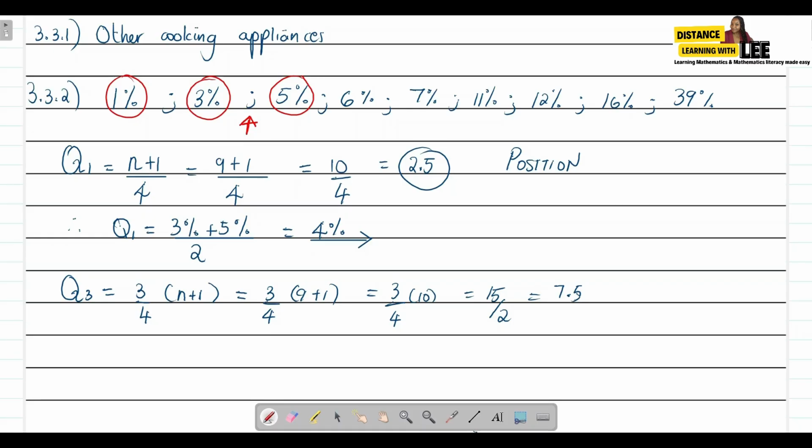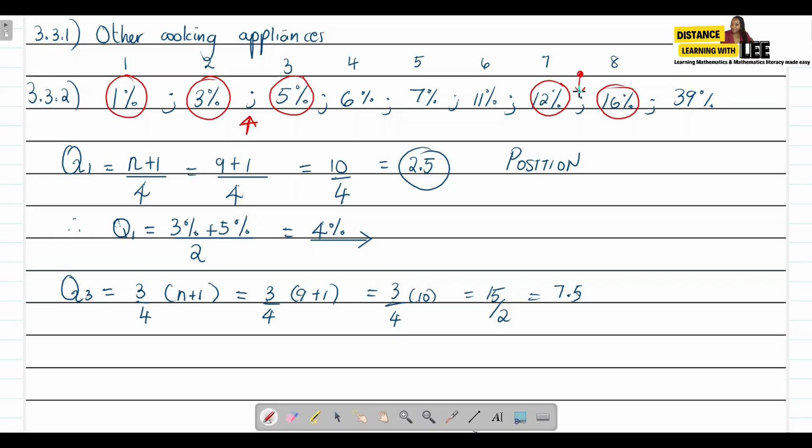So let's quickly count. This is position number 1, 2, 3, 4, 5, 6, 7, 8, and 9. However, we want the value that is in position number 7.5, and 7.5 is in between 12% and 16%.